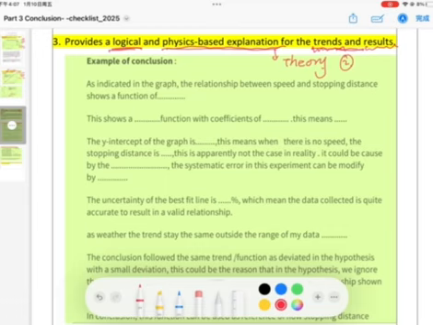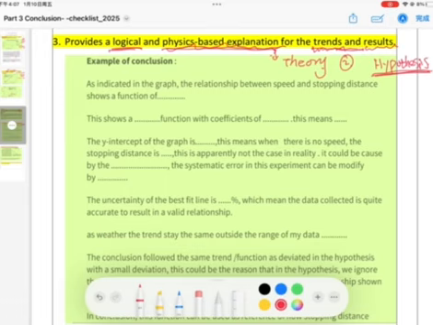Now, the theory over here, we actually have done this in the hypothesis, when we talk about design. We talked about how you're supposed to do your hypothesis. In your hypothesis, you should have some theoretical derivation, and this is the physics-based explanation.